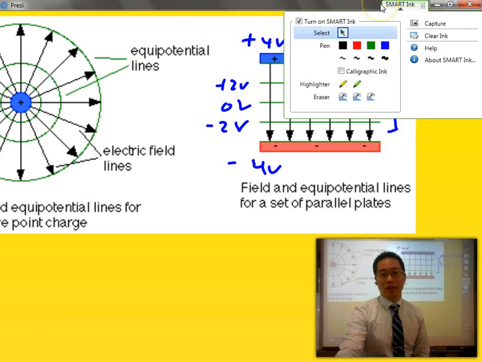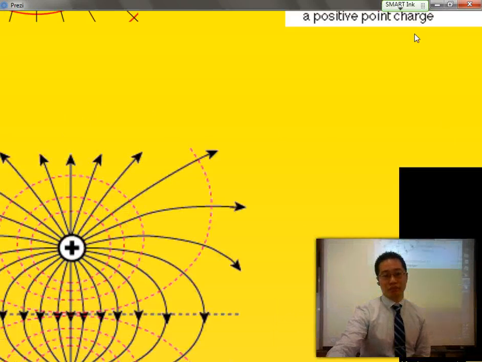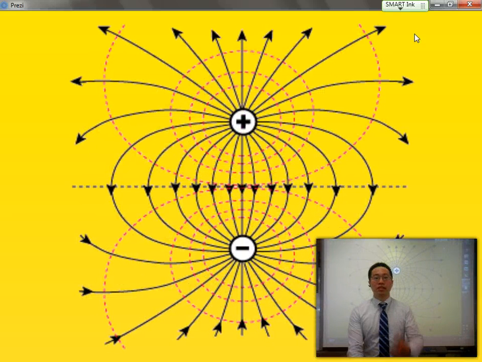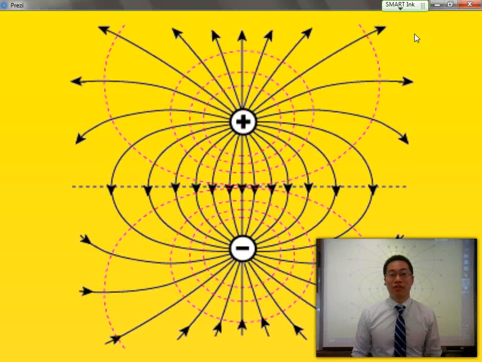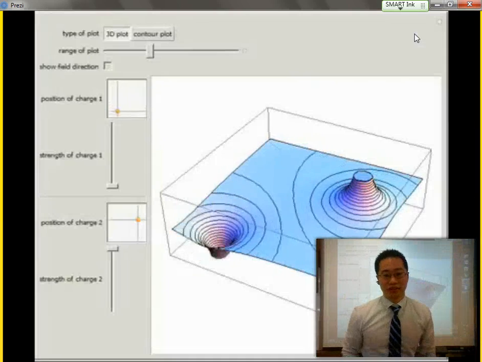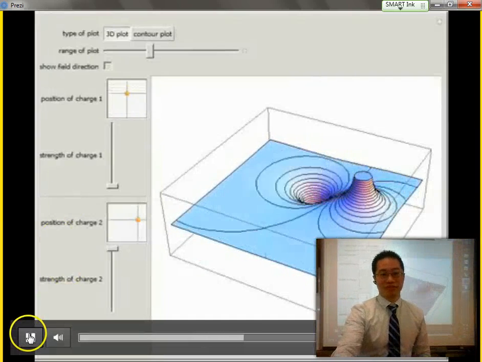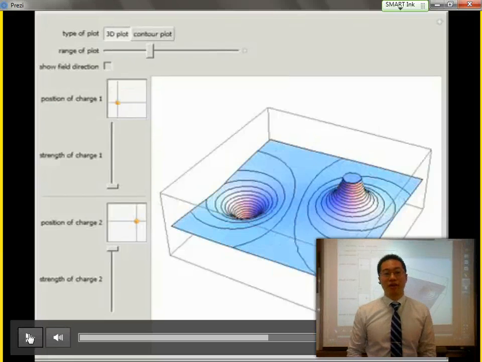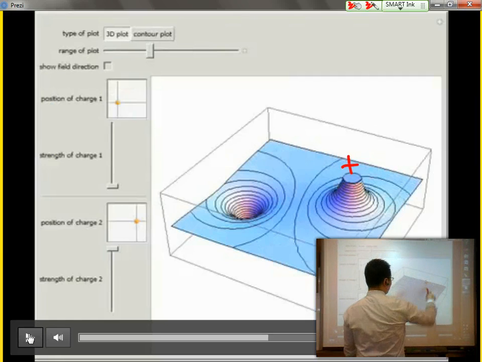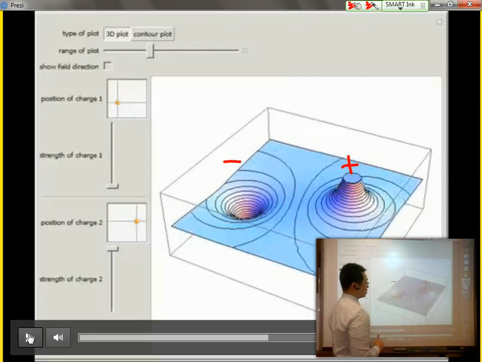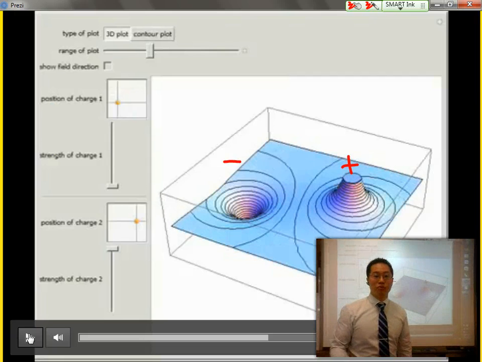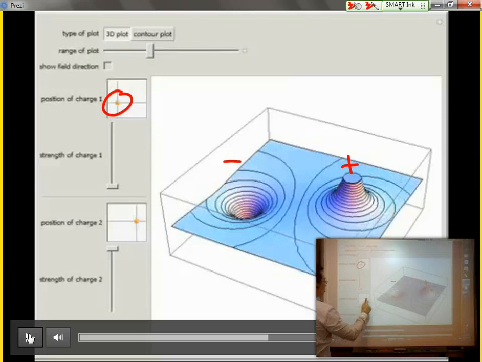If I were to take a look at my next diagram, this is again the same representation of the hill with the pit of the negative charge. In fact, this is just a computer simulation from Wolfram Alpha that shows our positive charge on one side and our negative charge on the other side. And they're just playing around with moving the charges around based on the positions.